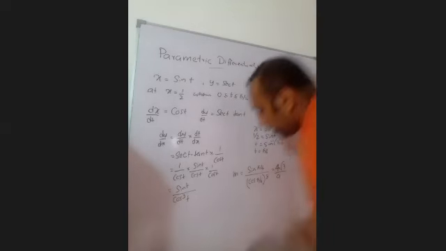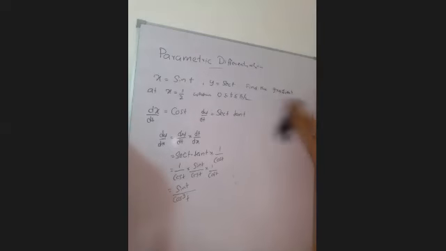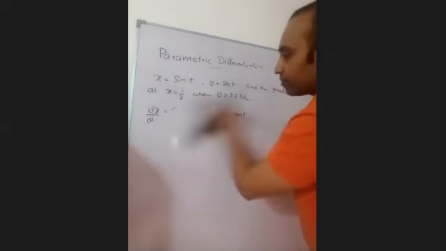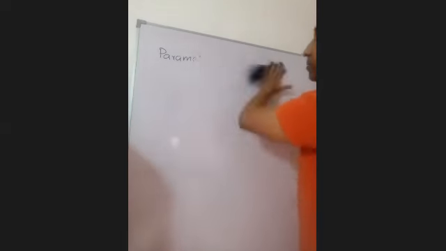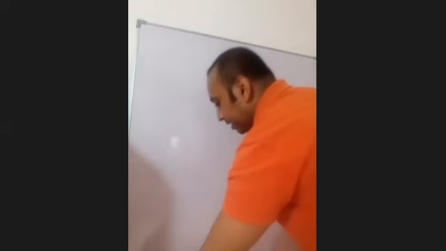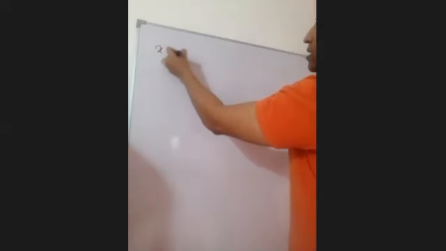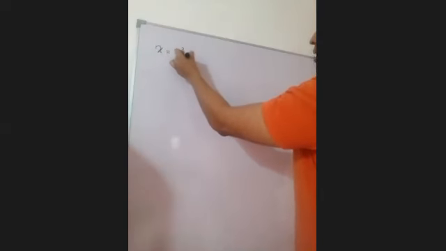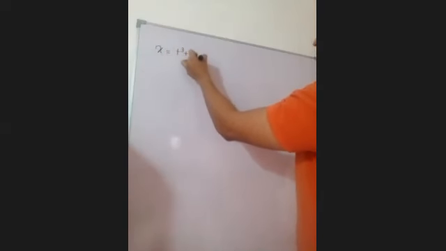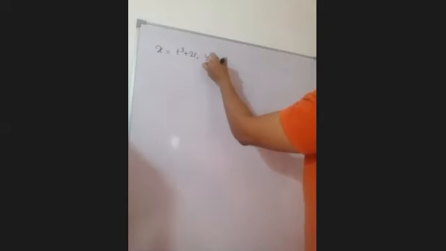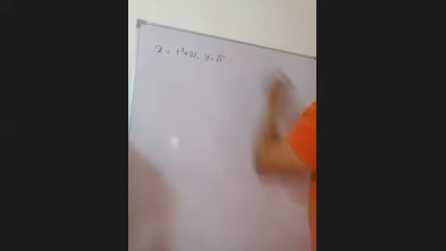Right. Then if you go ahead with the next sum. Then they might give a question somewhere like this. They have given us x equals t cube plus 2t and y is equal to square root of t.